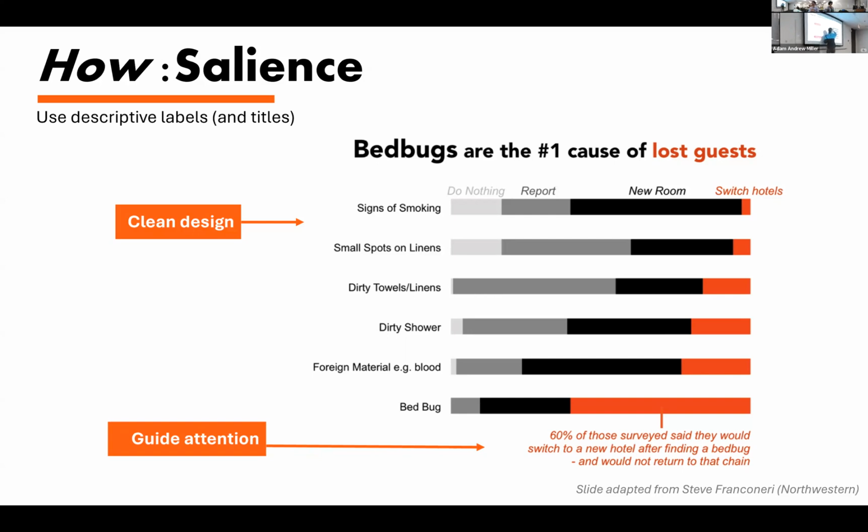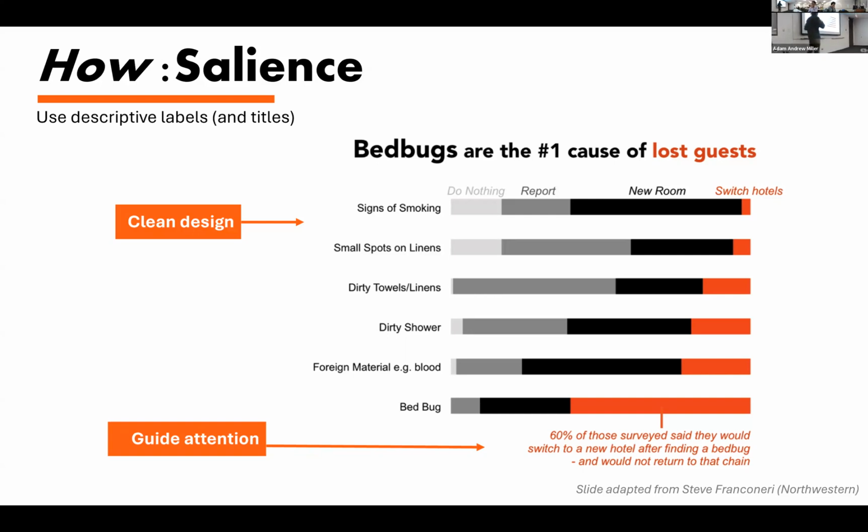Each of these, you could have made into a pie chart, for instance. It's fractions of a whole. But instead, these are stacked bar charts. There's a label here that describes the most important finding and a nice title. Colors are being used pretty wisely to draw your attention.